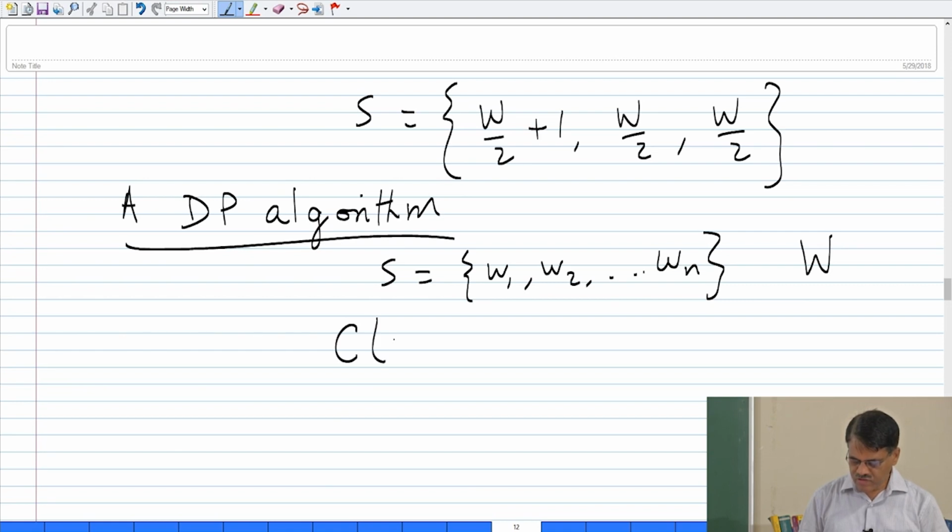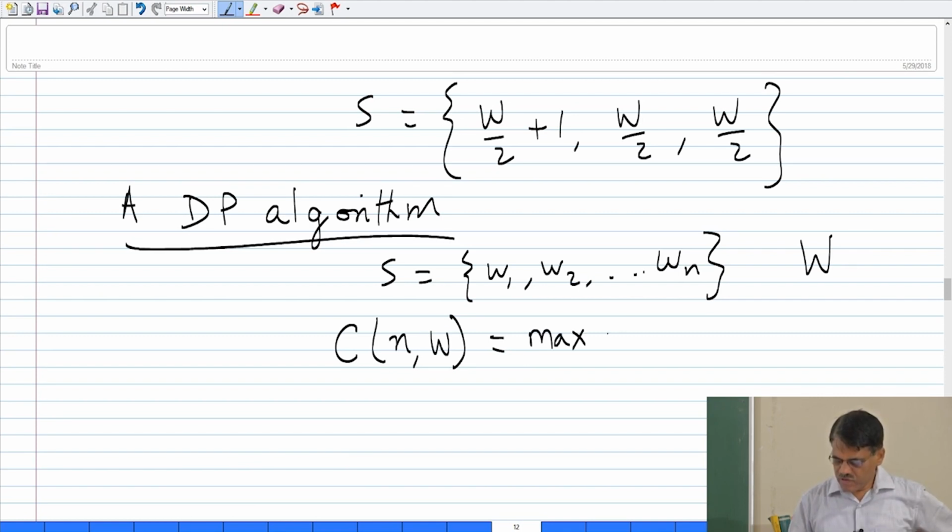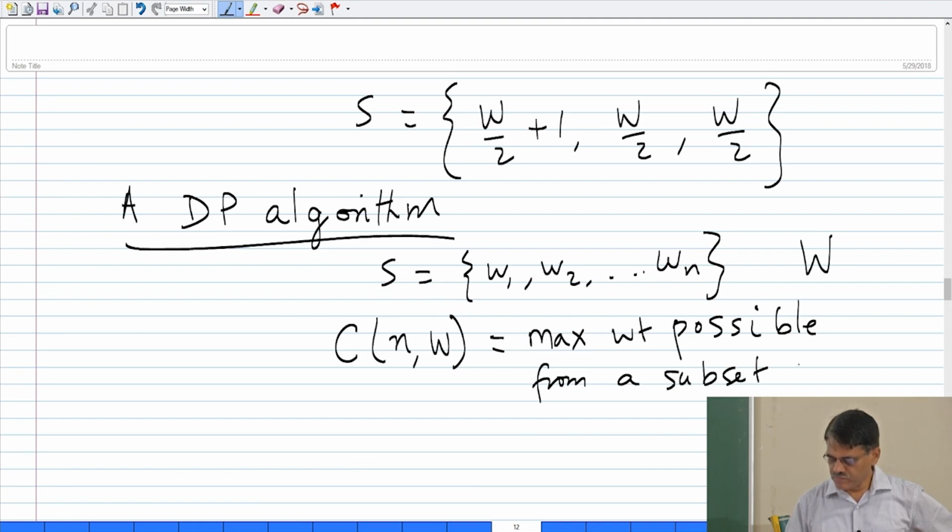The maximum capacity from 1 to n in my capacity W, suppose this is my notation: max weight possible from a subset of 1 to n. I want to write a recursive formulation based on whether I take the last object or not. So if I take the last object, what is the maximum weight possible in this notation?